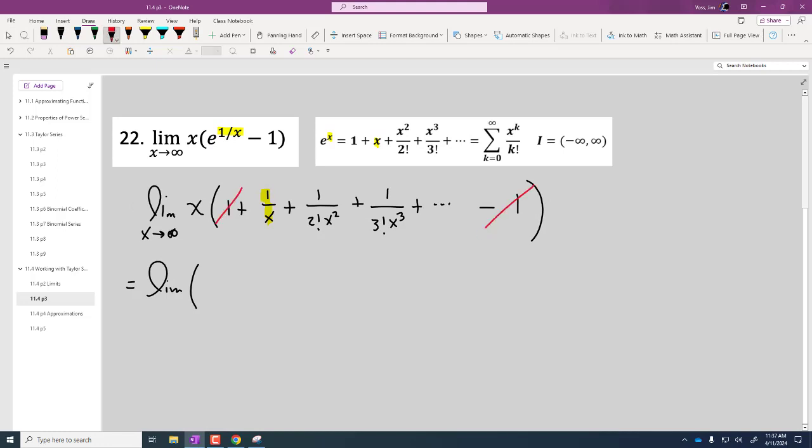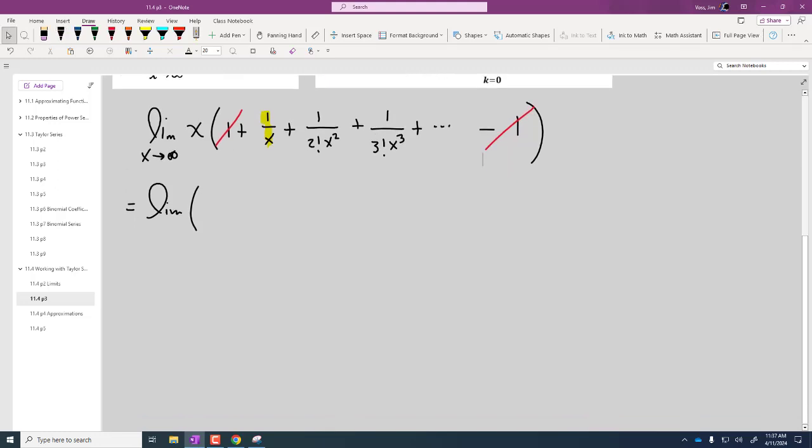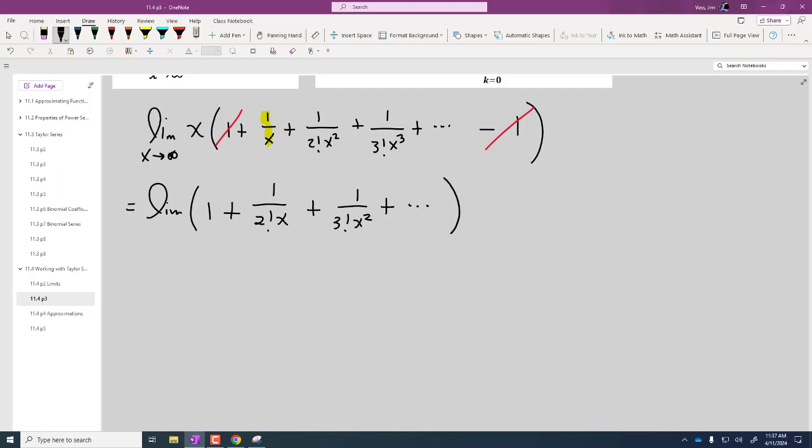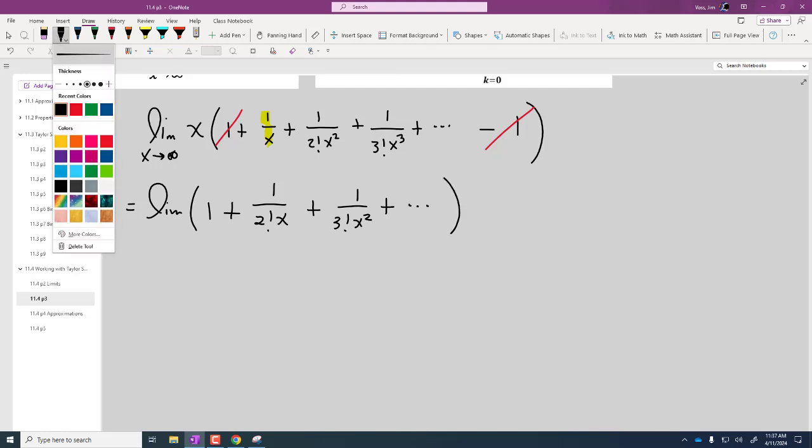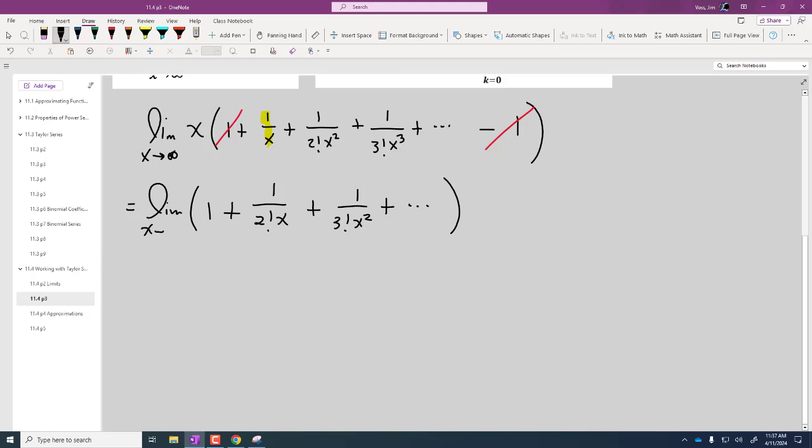So those cancel. Then when we distribute the x, that becomes a 1. This becomes something that will go to 0. This becomes something that will go to 0. As all those will. So this limit as x goes to infinity is 1.